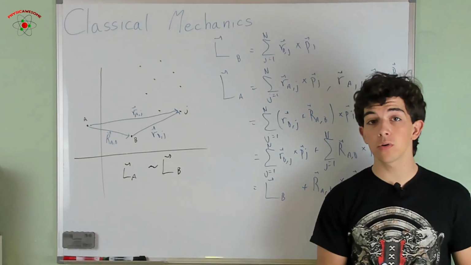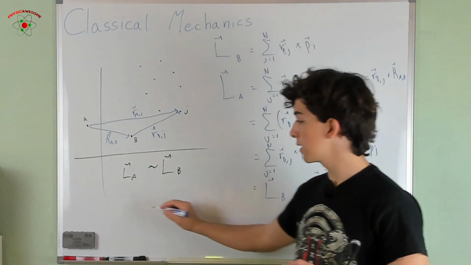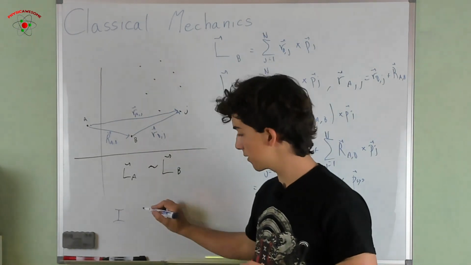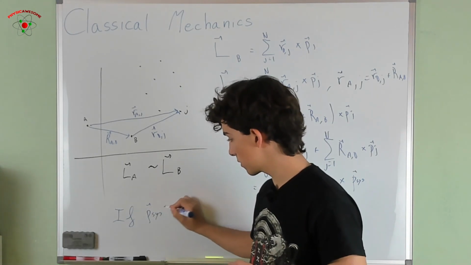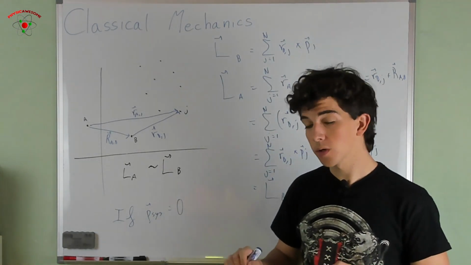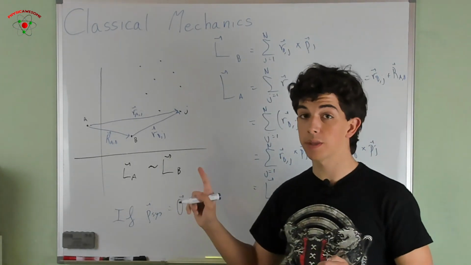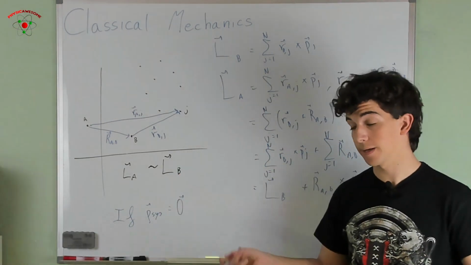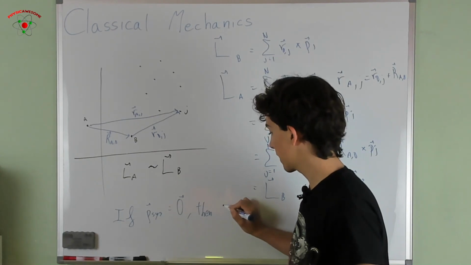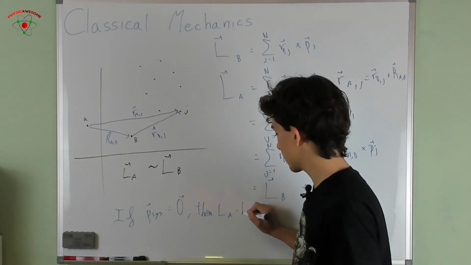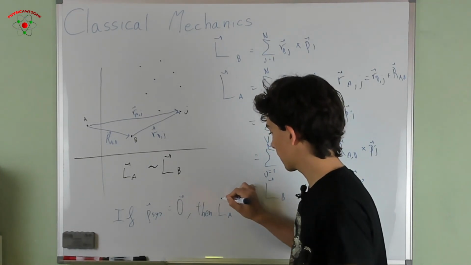And therefore, we observe that if P system equals 0, which is the case when we're in the center of mass frame, basically by definition, then LA equals LB.